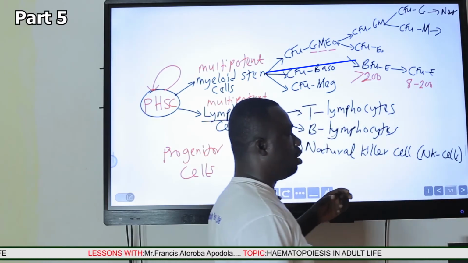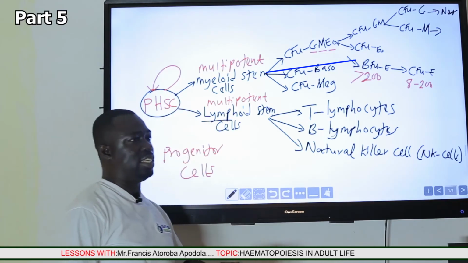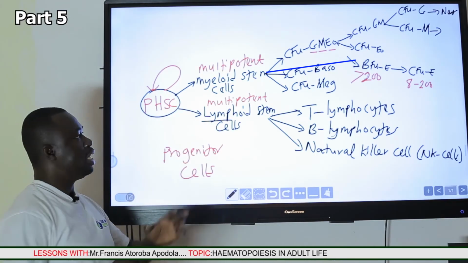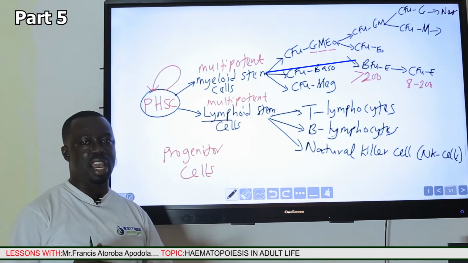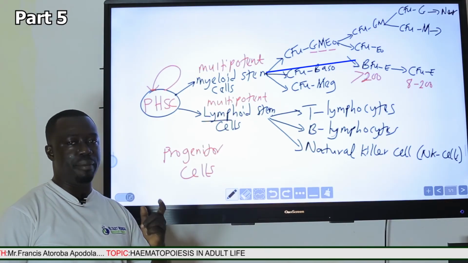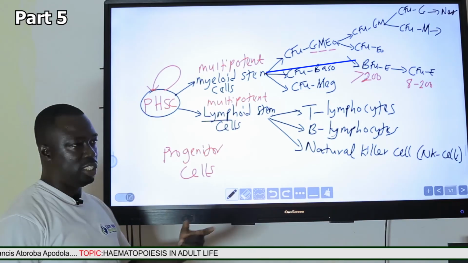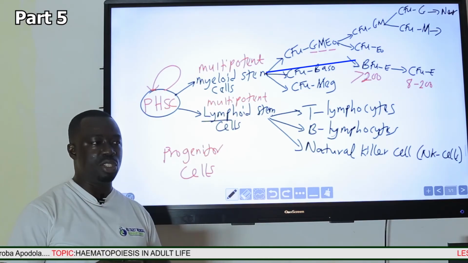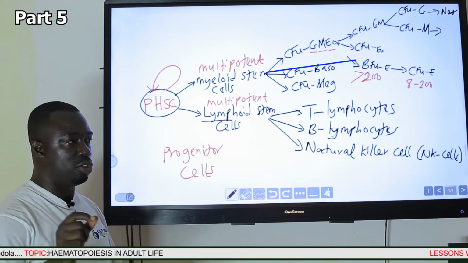In a particular context in hematology, granulocyte is used to refer to neutrophils, eosinophil, and basophil. In another context, granulocyte is also used to refer to only neutrophil.